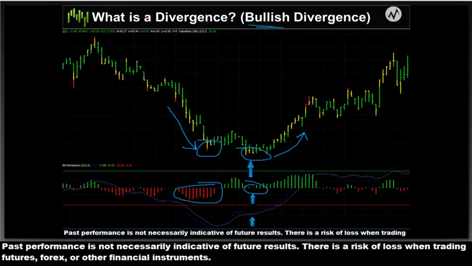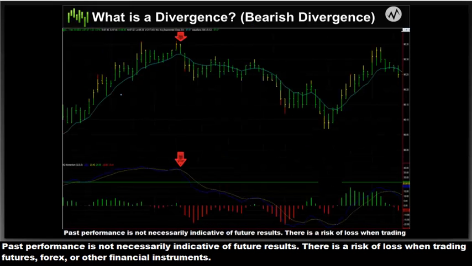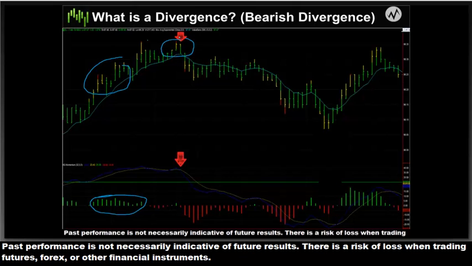Okay, now let's look at it from the opposite point of view. Here we have prices making this set of highs corresponding to this set of histogram bars. Prices pull back a little bit and then make new highs right there. Looking at the indicator, the upside or bullish momentum barely breaks into the green histogram bars.